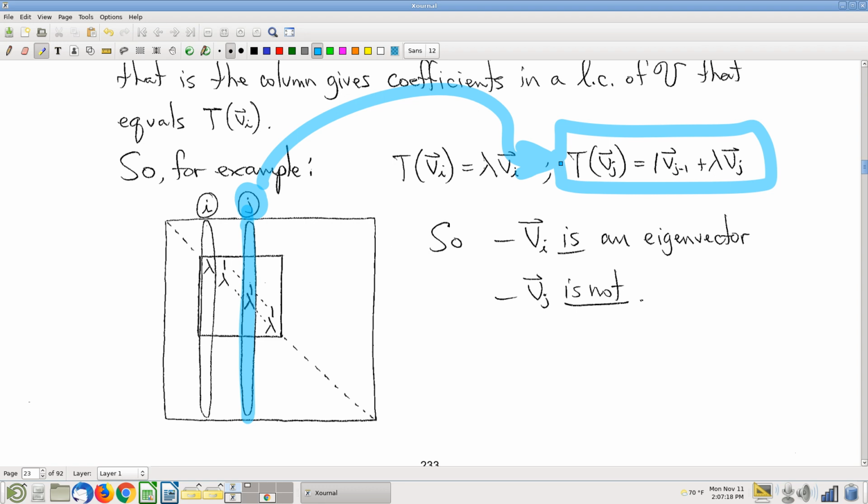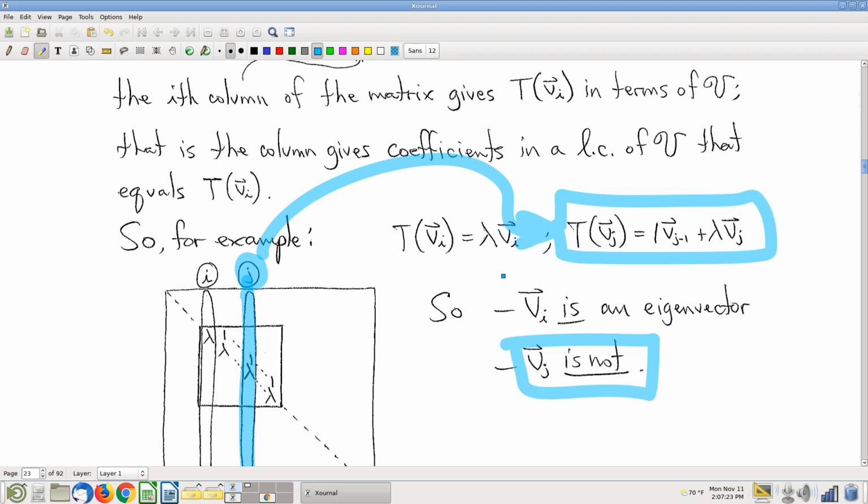And that tells you vj is not an eigenvector. It's not just that it doesn't evidence itself as an eigenvector; you can explicitly see this is not an eigenvector. T of vj would have to be a multiple of vj. I see lambda vj, that is a multiple of vj, but in addition to that, I've got another term that I know is not a multiple of vj because these are basis vectors, they have to be independent, so this sum just cannot be a multiple of vj.